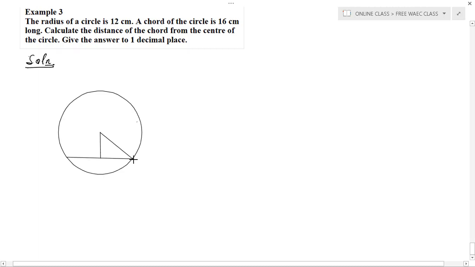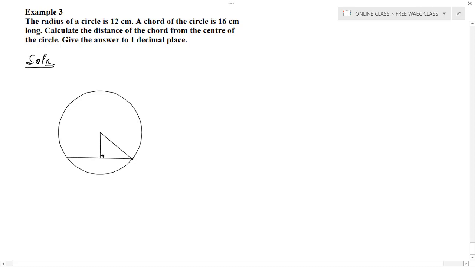So we have example 3, solution first. Now let's see the solution.